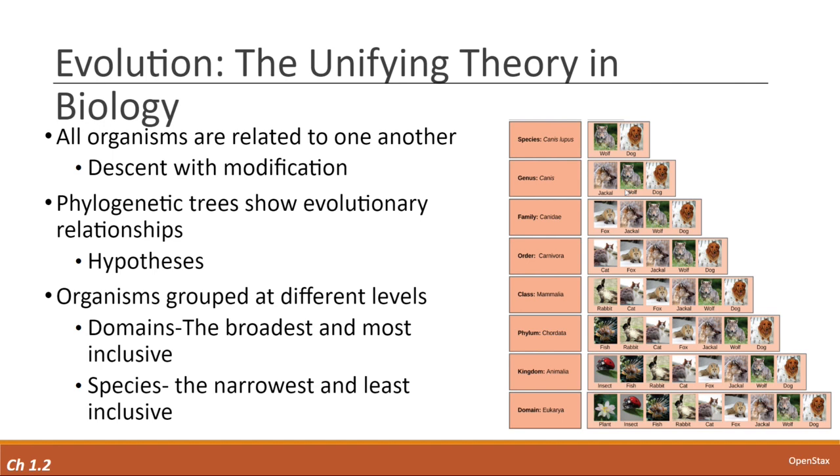Even more would be the genus Canis, and we're getting down to dogs and wolves. And even more specifically, we can give them their species name, which would be lupus. So Canis lupus is what we call our binomial nomenclature. Every animal has their first and second name, the genus and species. So for instance, the wolf, Canis lupus.